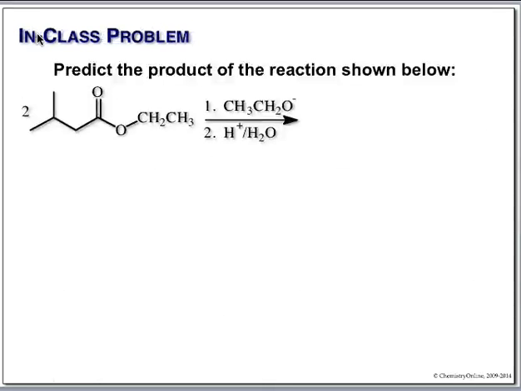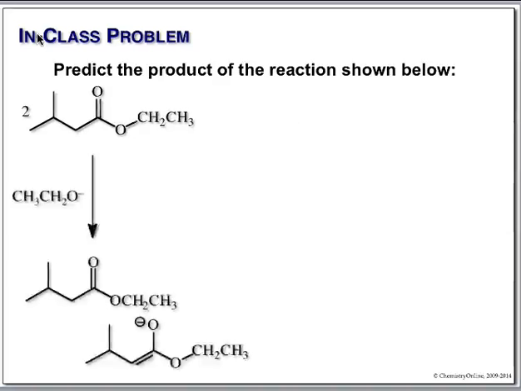In the enolate, our double bond is going to be right here between the alpha carbon and the carbonyl. This will be O-. It's a Claisen condensation, so this enolate anion is going to attack a carbonyl of another mole of ester, right?